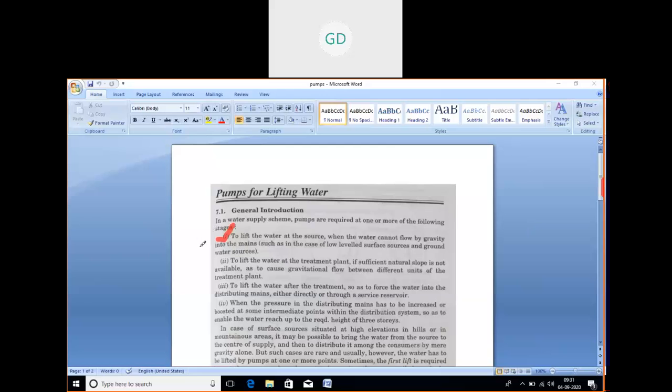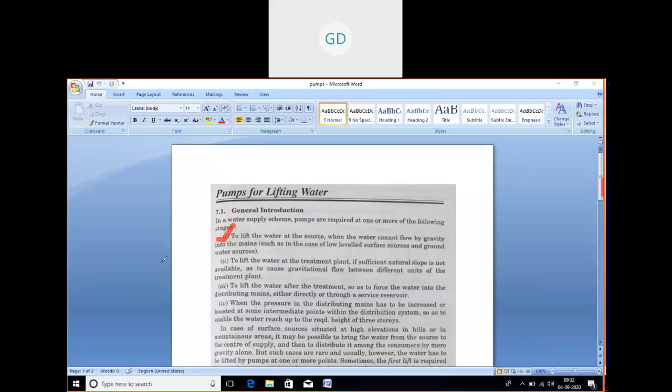Okay, but in every case, it might not be like that. Sometimes the water might be at a lower level also. So when the source of supply is a low-level surface source, in that case your pump is required, so that it lifts the water to the treatment plant, or to the intake.